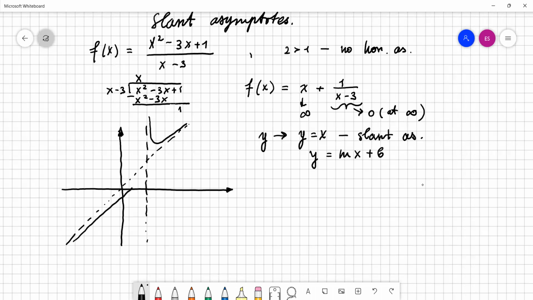That's what is going to happen to my graph. A normal graph will approach the x-axis, right? But this graph is going to approach the line y equals x. This is called a slant asymptote. If you do 1 or 2 problems in the homework on slant asymptotes, that's going to be great. Okay, I think we are finally done with 3.6.